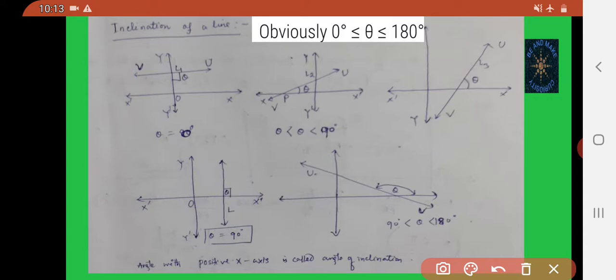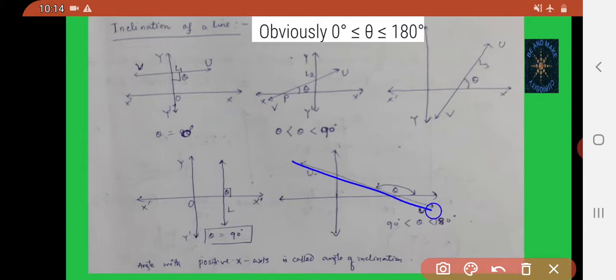That time the angle of inclination theta is 90 degrees. So the angle of inclination of a horizontal line is 0 degrees, and of a vertical line is 90 degrees.